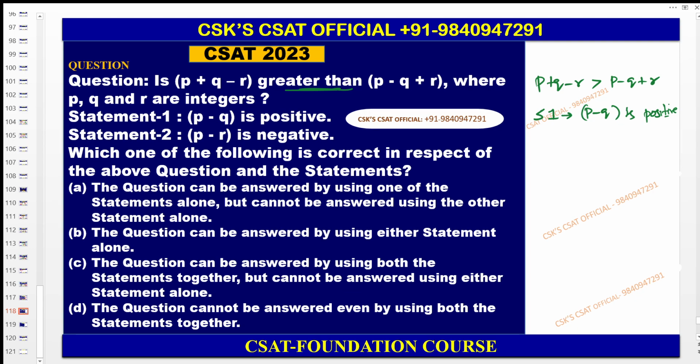No, right? So statement number 1 alone is not sufficient. Understood? It means p minus q is positive, so obviously p must be greater than q. That alone you can form with statement number 1. With no data related to r, you can't answer that question, so leave that one. Statement number 1 is not sufficient. Got it?